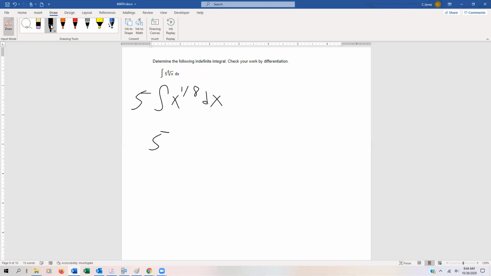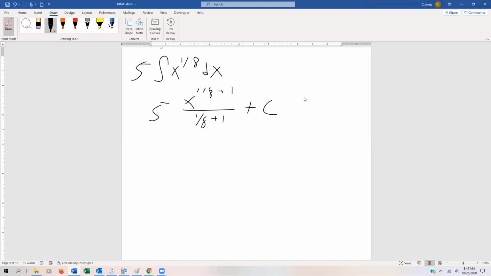So this is going to be 5x to the 1/8 plus 1 divided by 1/8 plus 1, plus c. And then we can go ahead and evaluate this. If you want to check in your calculator just to make sure I'm not lying to you, 1/8 plus 1 is 9/8.